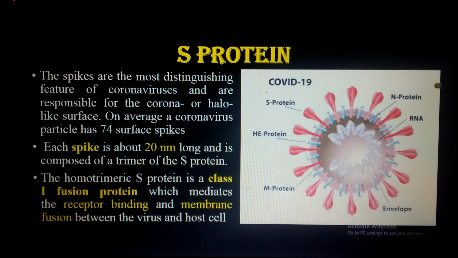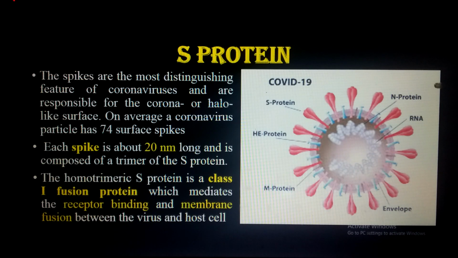This is the homotrimer S protein, and it belongs to the class 1 fusion proteins, because this spike protein, the S protein, helps in the fusion or attachment of the coronavirus to the human cell membrane. So these are class 1 fusion proteins, which mediate receptor binding and maintain fusion between the virus and the host cell.